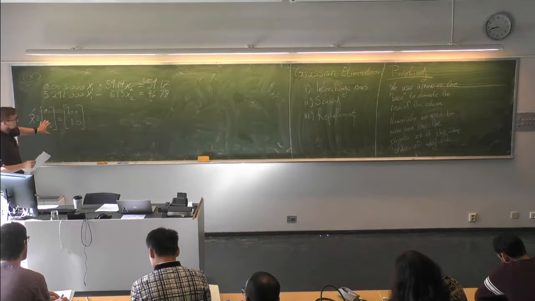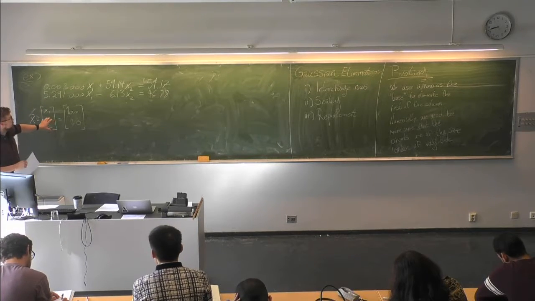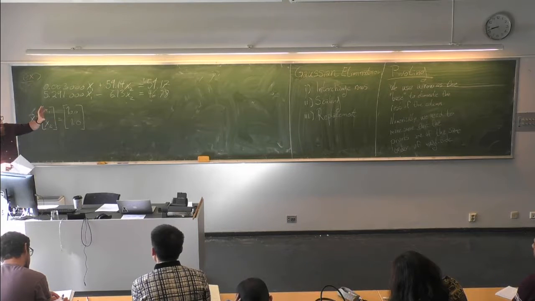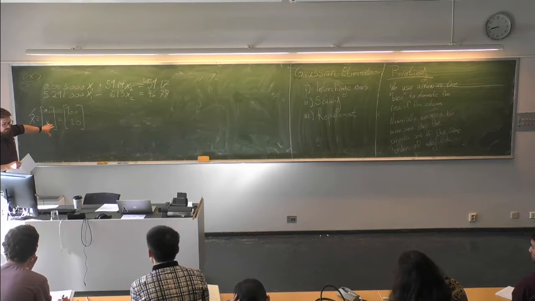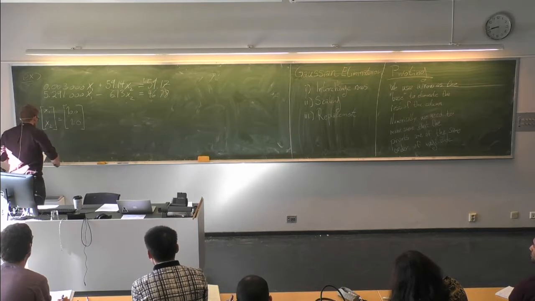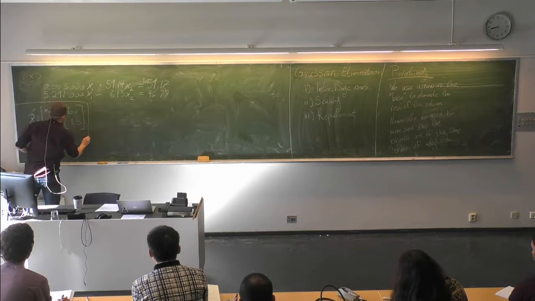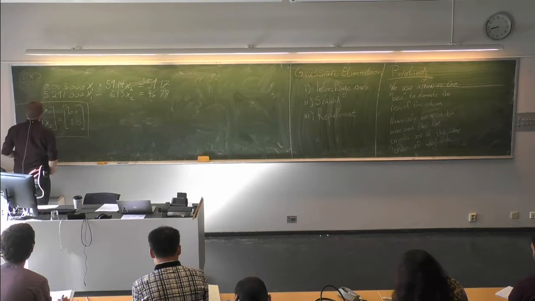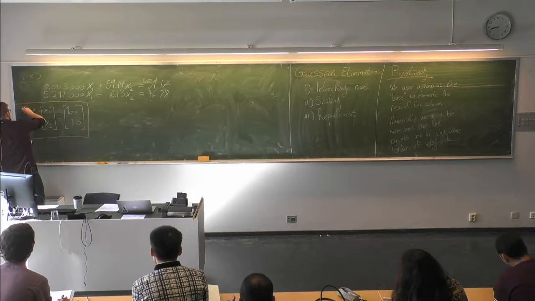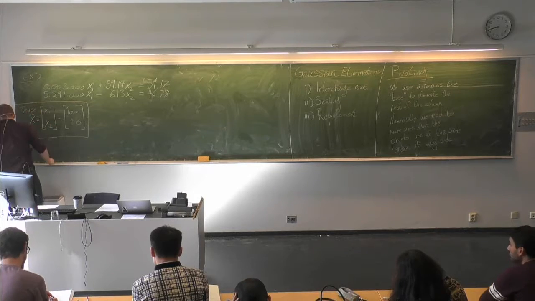So this is the true solution. Now we'll see that if we just do the Gaussian elimination and don't think about the order of magnitude, we'll get the wrong answer. A completely wrong answer. So this is the exact or true solution.